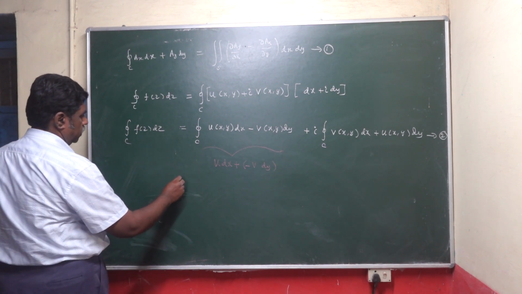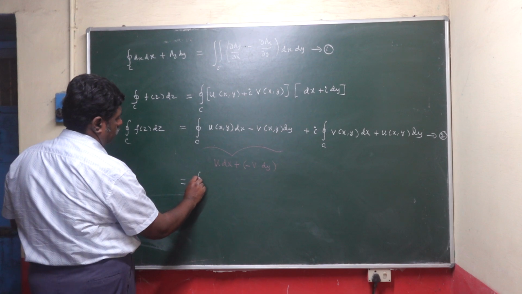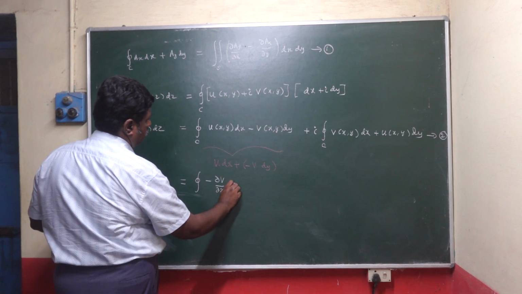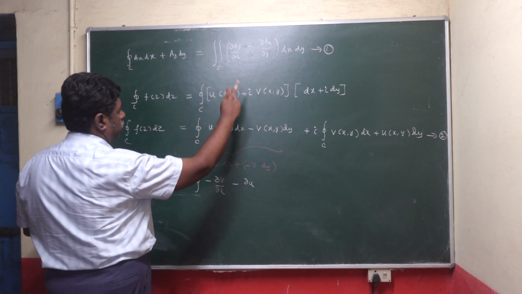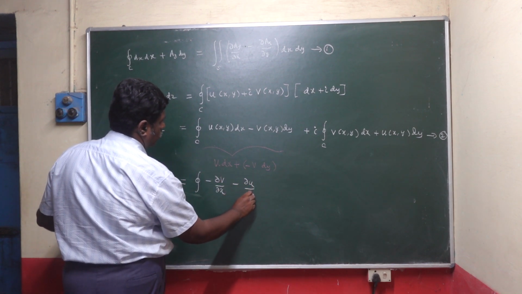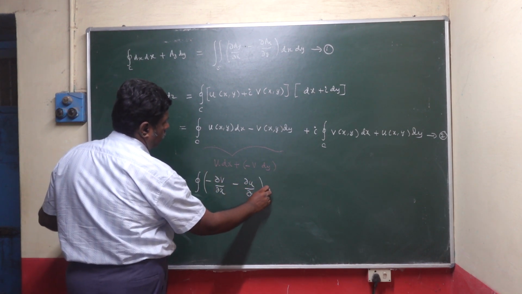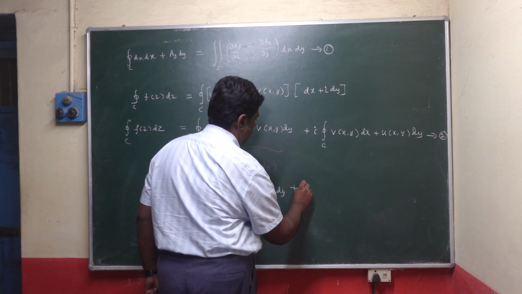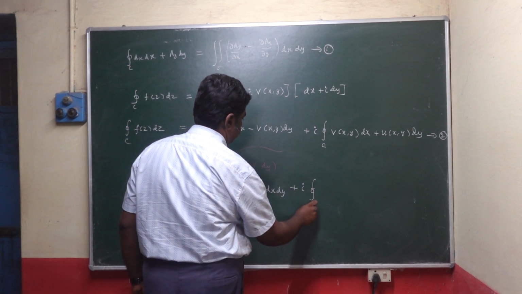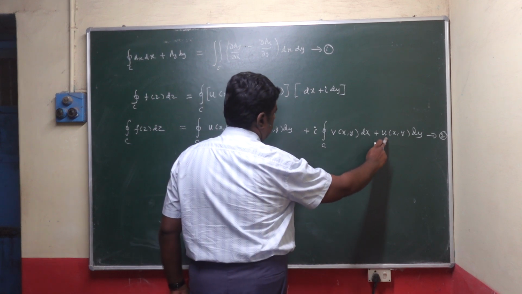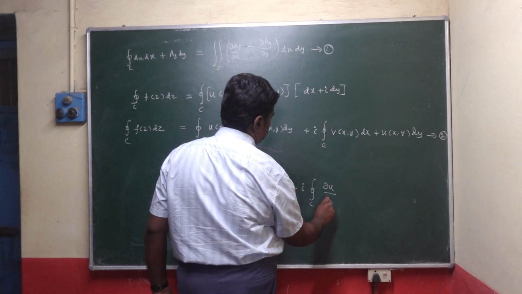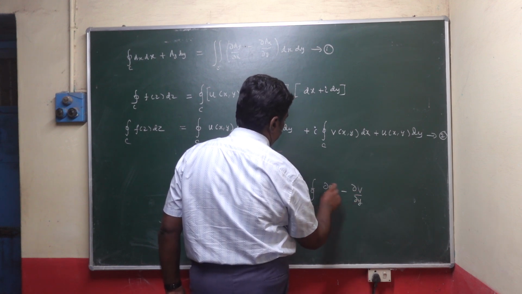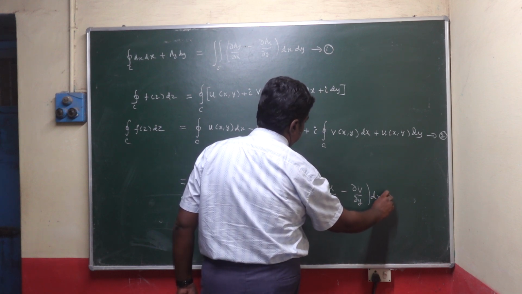So the first integral is modified as integral of minus dou v by dou x minus dou u by dou y multiplied by dx dy, plus i into integral of, here the second term is u, dou u by dou x minus first term is v, dou v by dou y into dx dy.